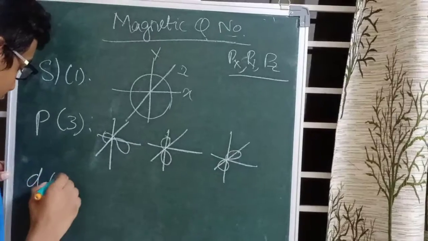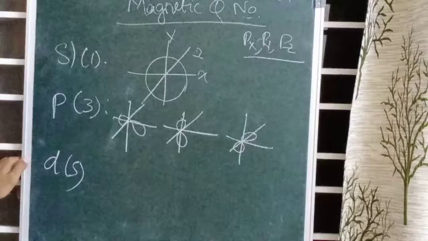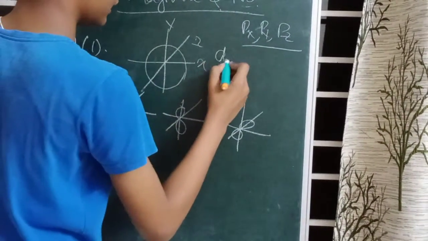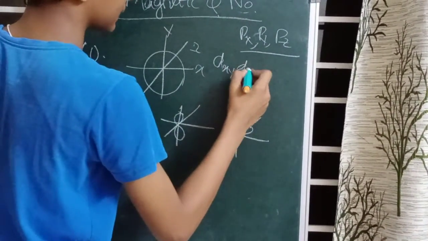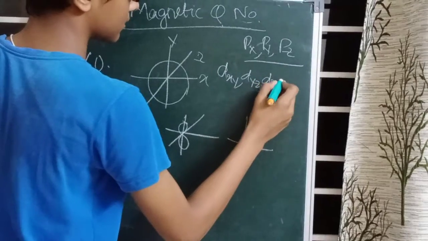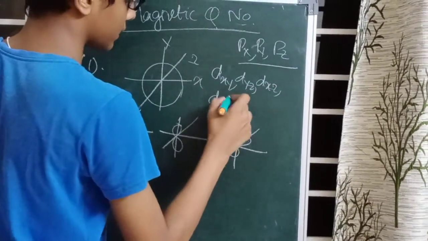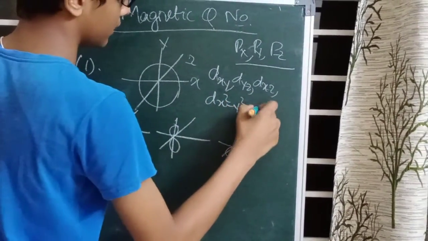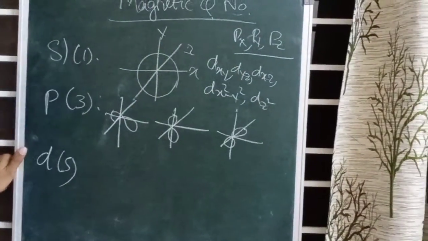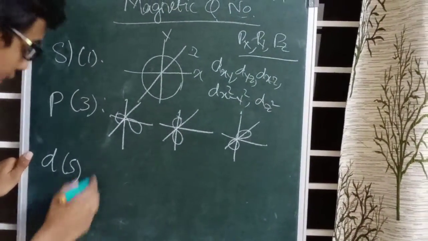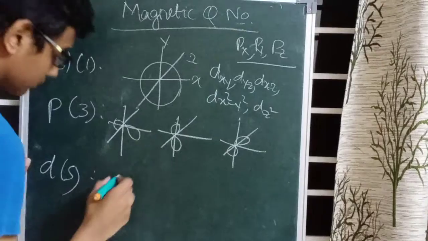For D, there are 5 values. I'm going to write them here: dxy, dyz, dxz, dx square minus y square, and dz square. I'm going to try and draw dxy here.